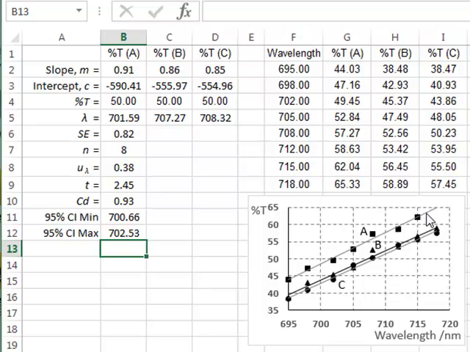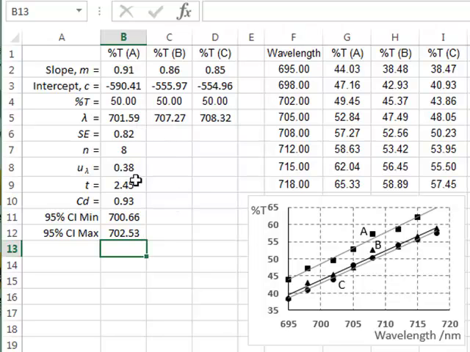So this tells us that the confidence interval for the intercept of A at the 50% transmission mark is between 700.66 and 702.53. We are 95% confident that the true value lies within this range.